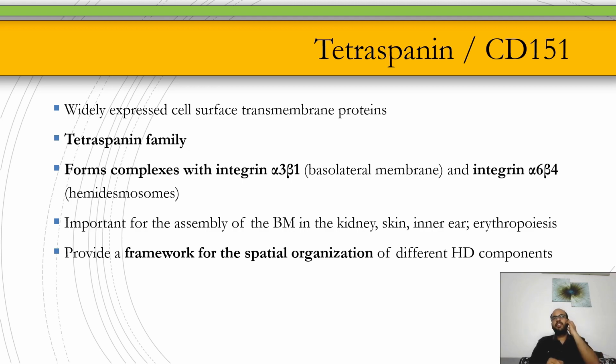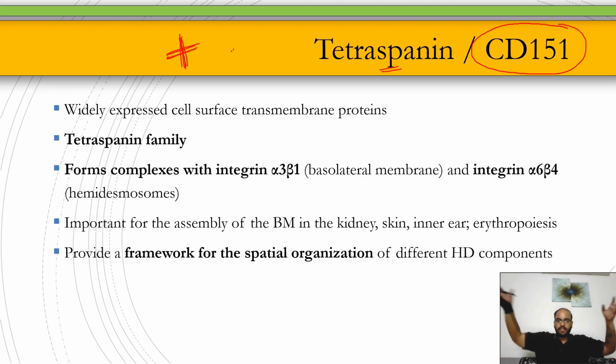So we have essentially discussed, we have gone from the cell hemidesmosome outside the cell to the lamina lucida. We have just reached lamina densa, but we'll discuss one important protein by the name of CD151, also known as tetraspanin. Why tetraspanin? It essentially has four moieties. Its structure is like this, and it spans everywhere.